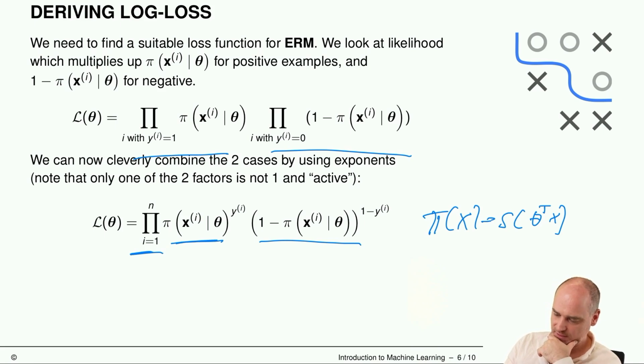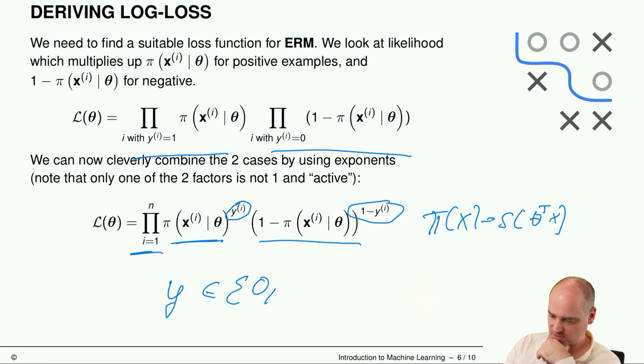And the first guy we now take to the label y, and the second guy we take to the label 1 minus y. Remember again that the labels are encoded as 0, 1. So what happens now for positive examples?